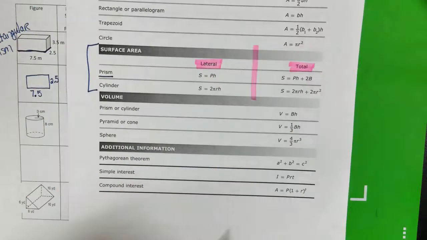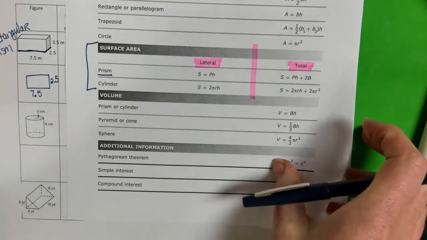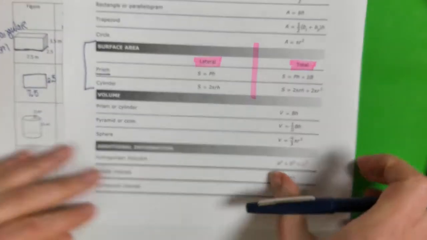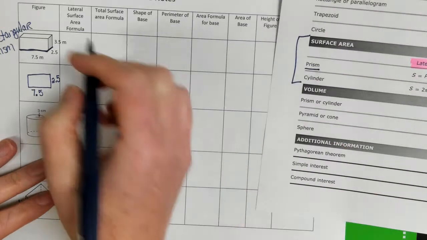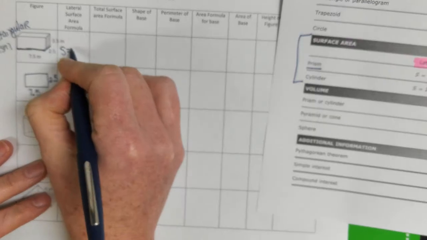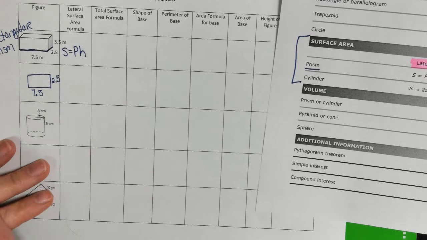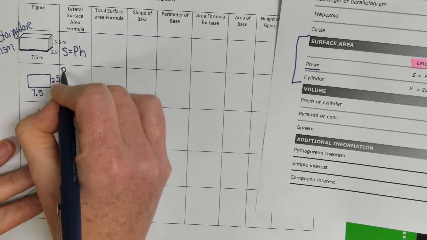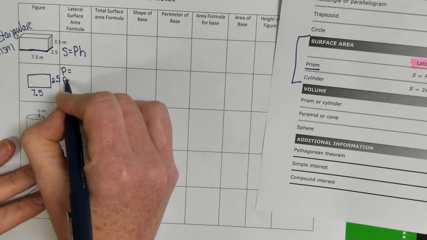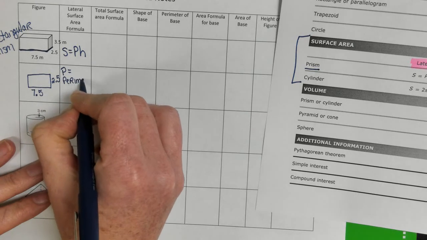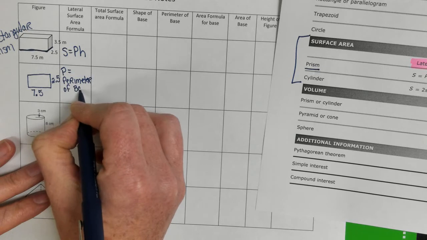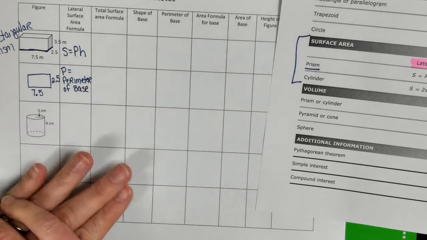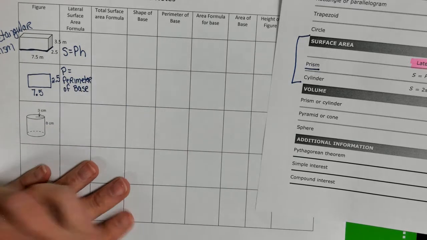They're not totally different, but total has more to it than lateral. So in our box, we're going to write S equals PH. Remember, we talked about that a capital P stands for the perimeter of the base. And height means the height of our prism.